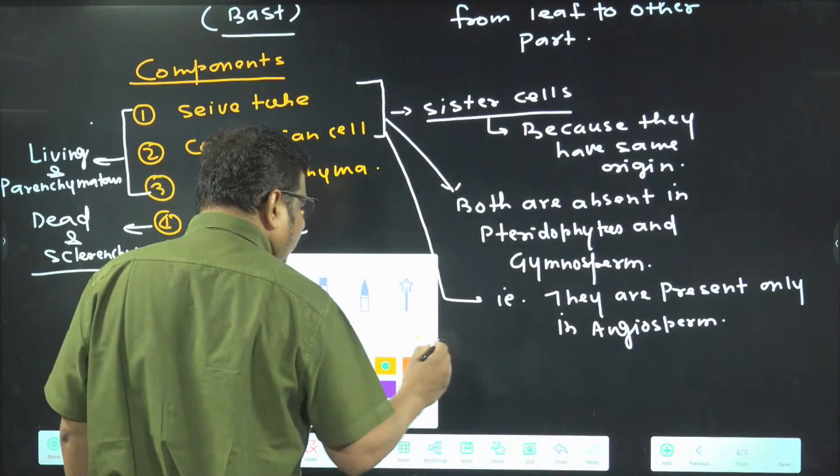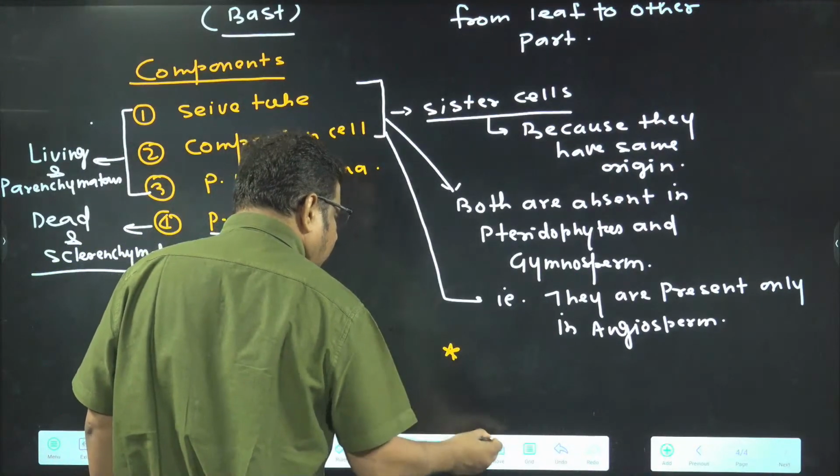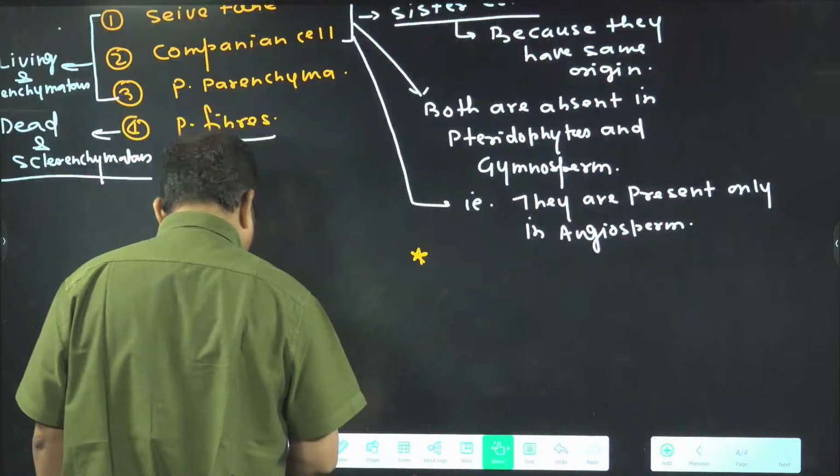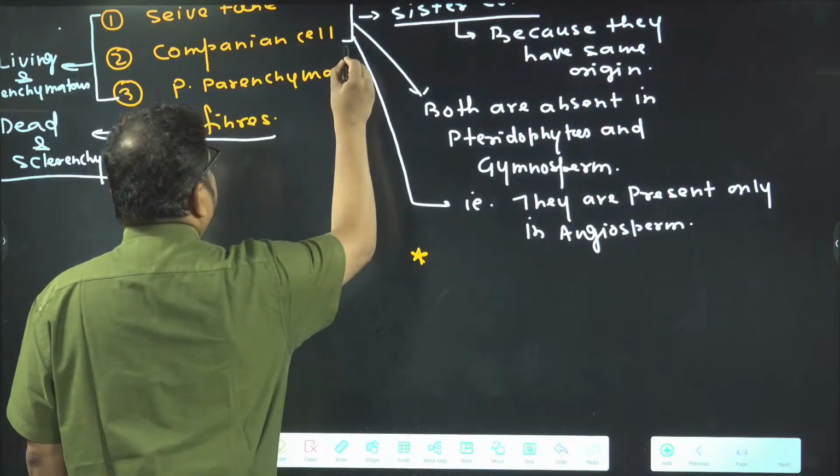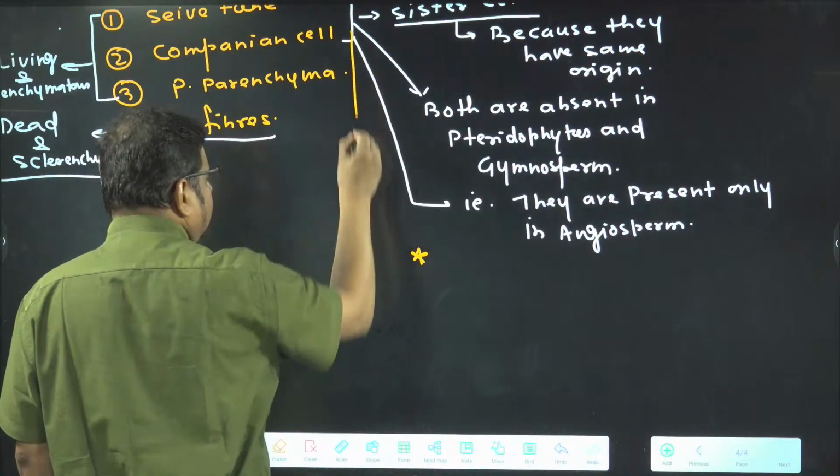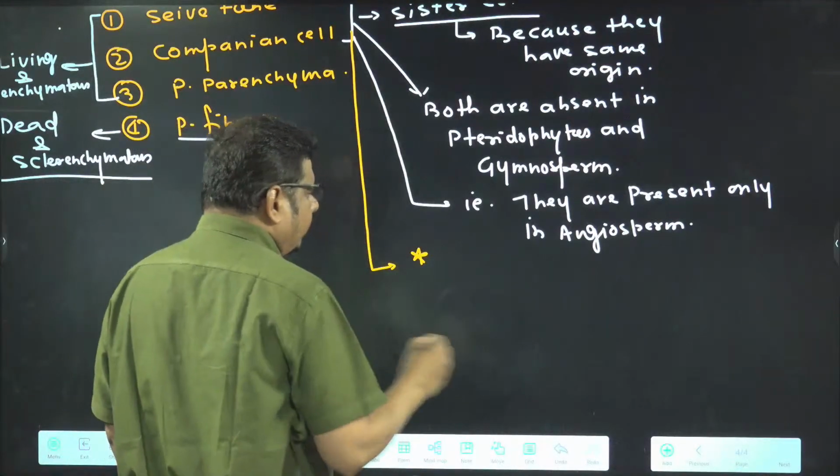I am writing one more line about sieve tube and companion cell.